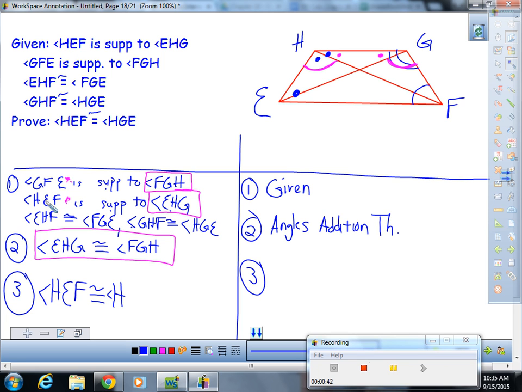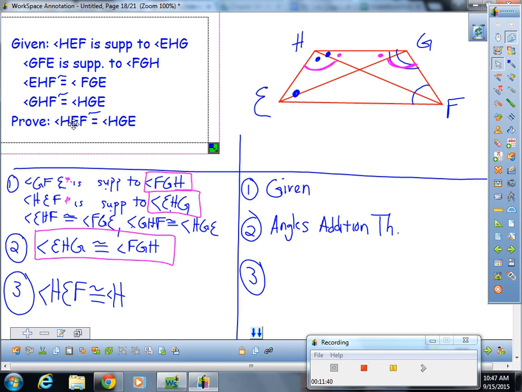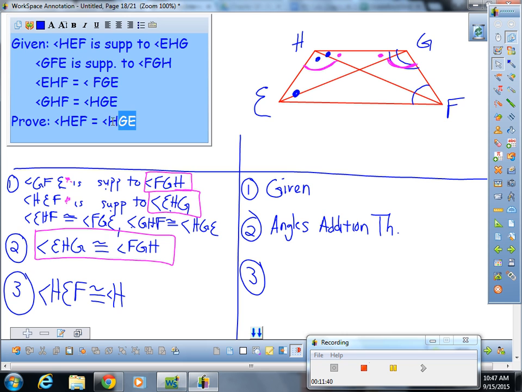Gosh darn it. Okay, I'm so sorry. I'm not going to restart this. There's a typo here. What we were trying to prove is that HEF was congruent to GFE. That's why I got stuck there, and now it's all better.